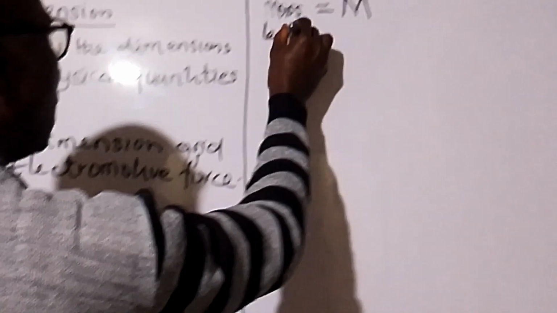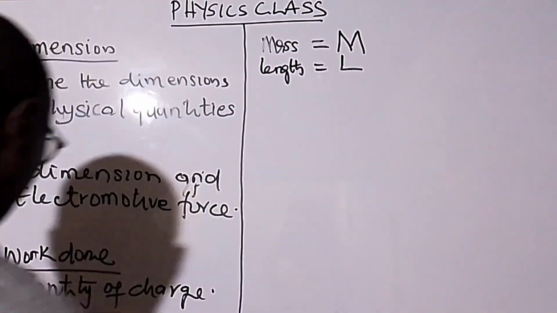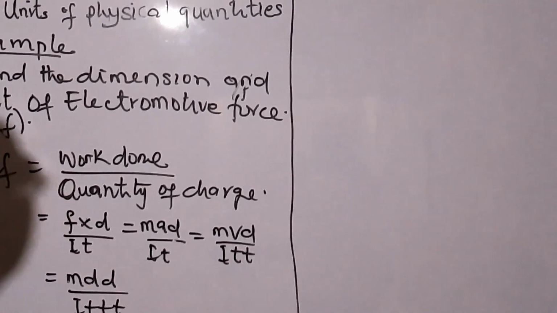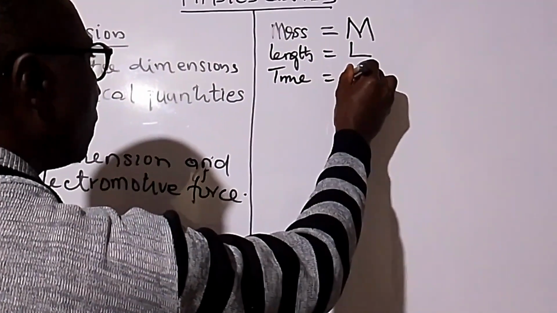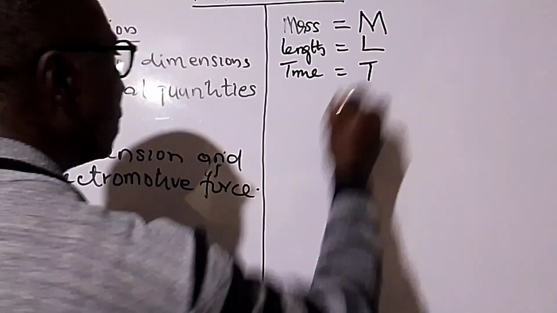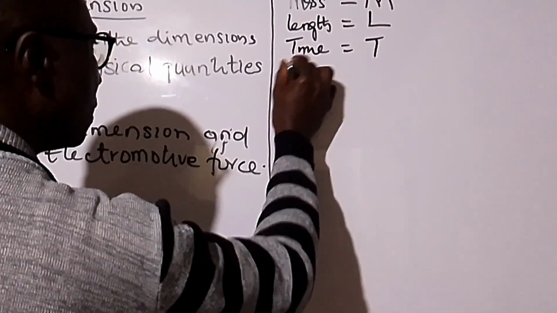Displacement will be related to length. The dimension for length is capital L. Time is there. The dimension for time is capital T. While the last one that is there is current.